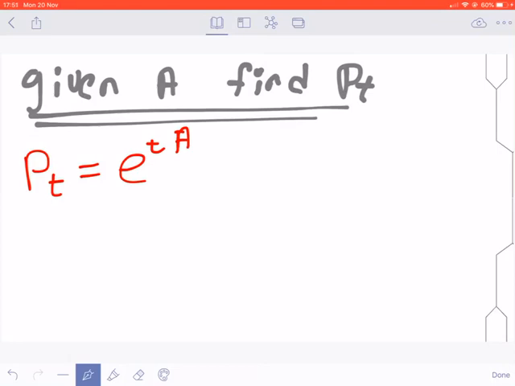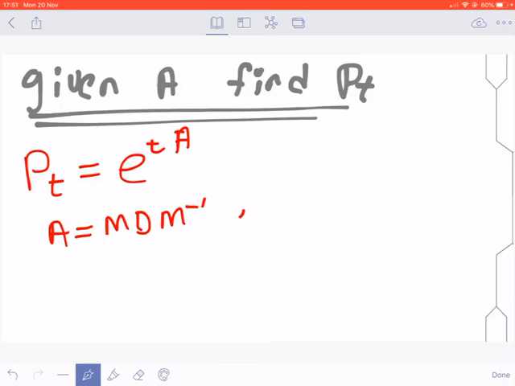What you need to do is to reduce A into M, D, M inverse. So you need to find it in this state.